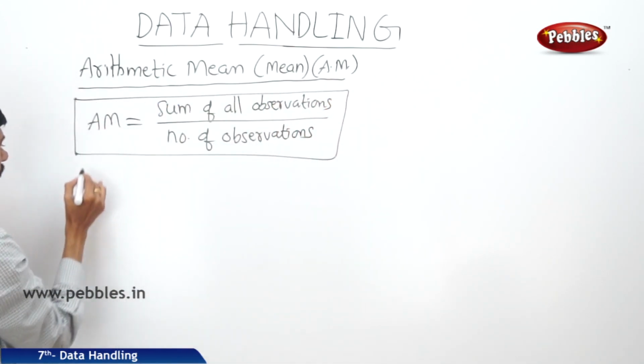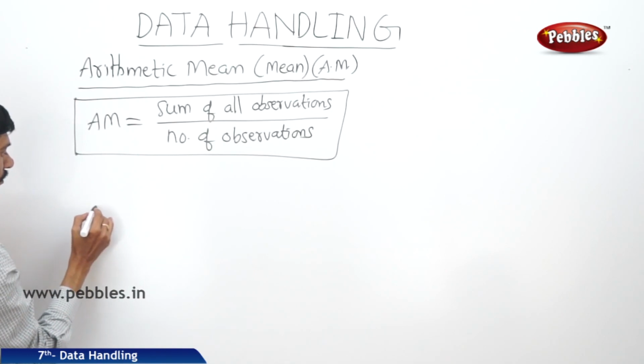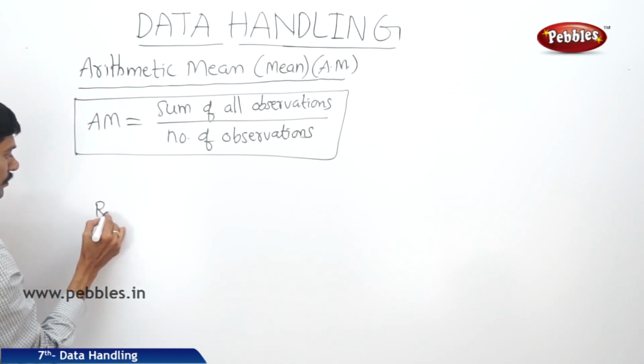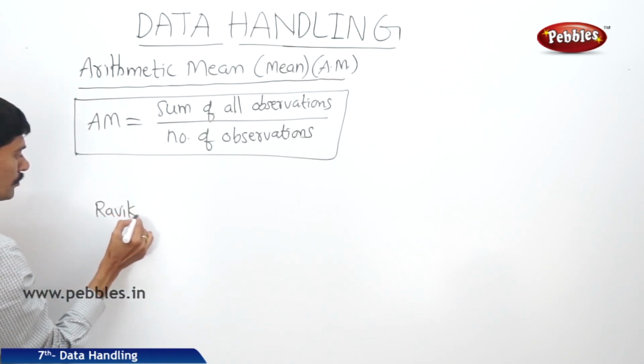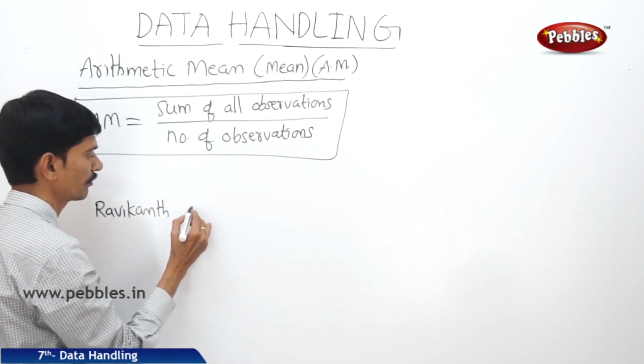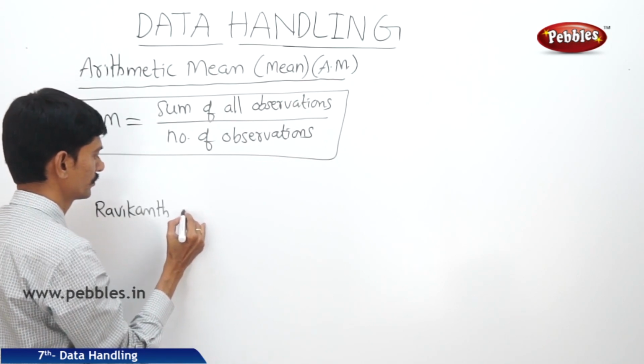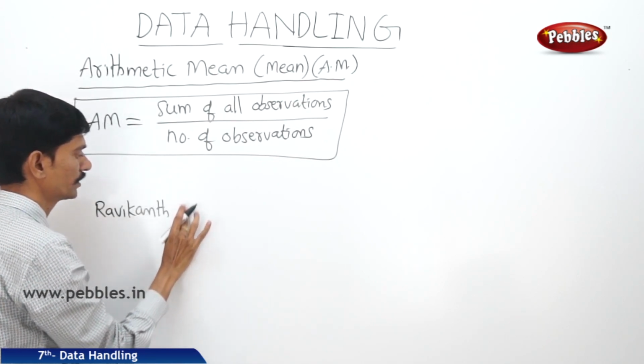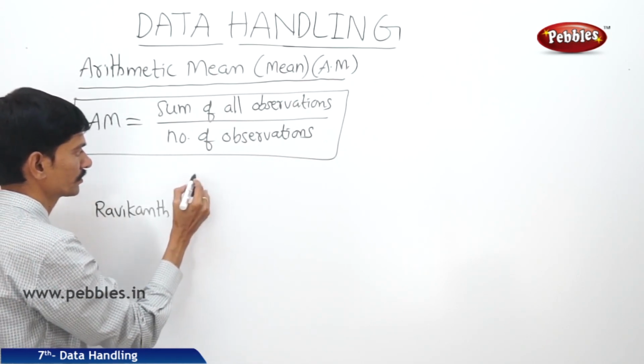Now for example, a particular student, Ravikant, has got marks in mathematics in different assessments.